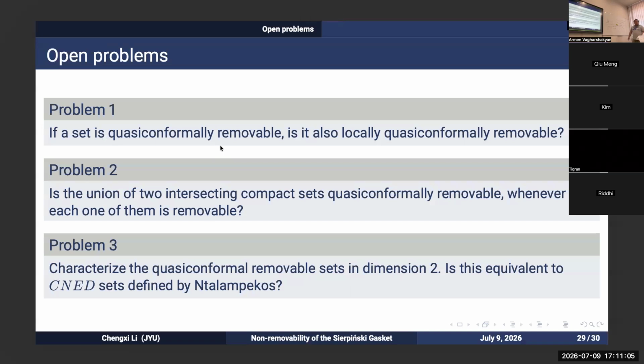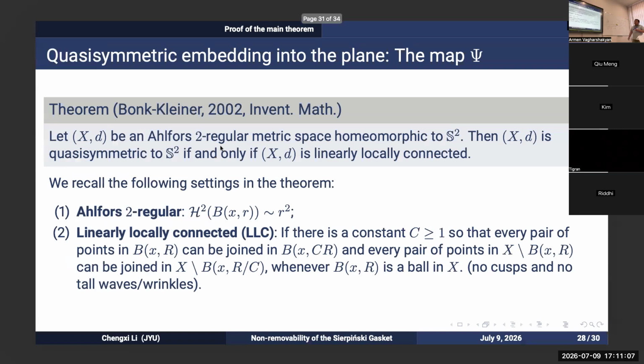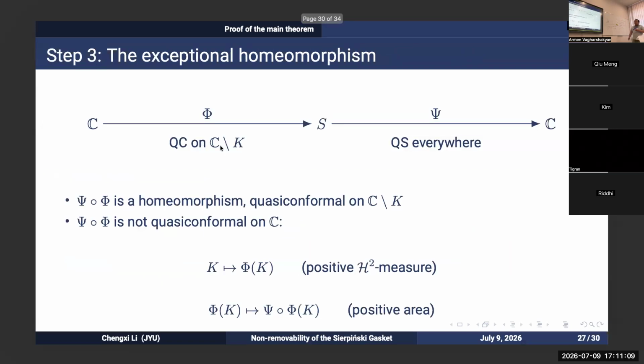Sorry, how do you know it's positive measure? You mean the image is positive measure? If you take this tripod thing, yes, because the tripod is just measure zero. You just collapse them, because it's quasi-conformal.